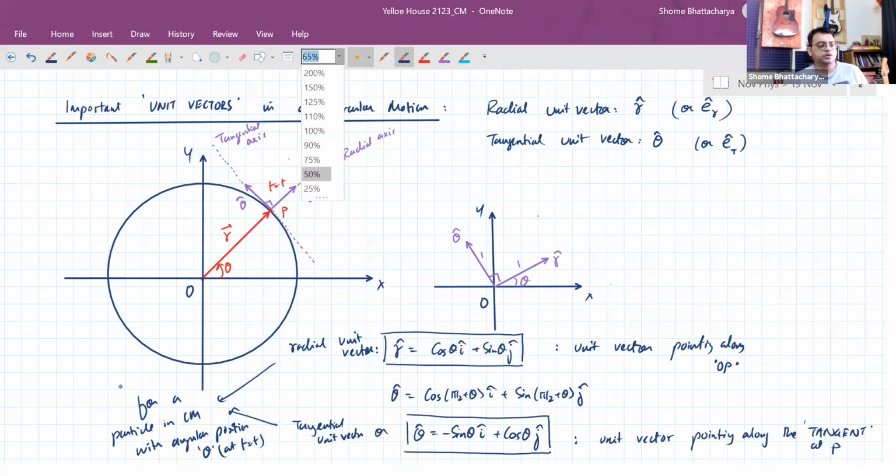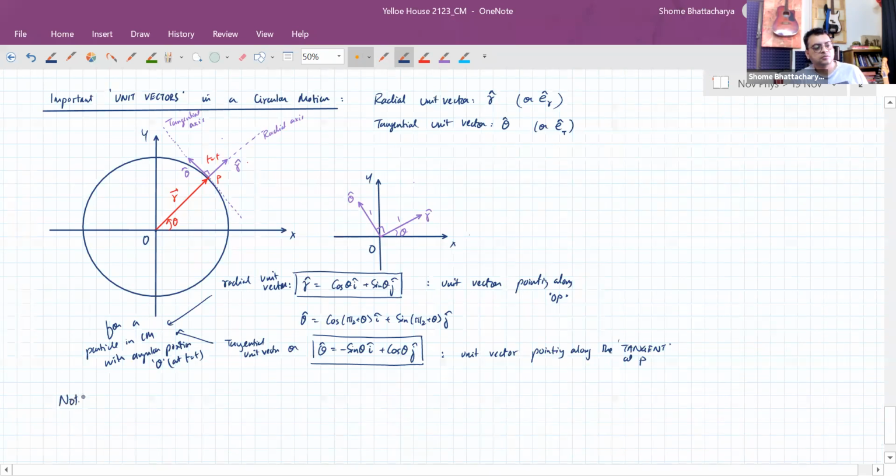Okay, so one important thing you have to understand here is that r cap and theta cap are instantaneous unit vectors. That is, they are changing with respect to time. They're not like i cap and j cap, which are fixed unit vectors.